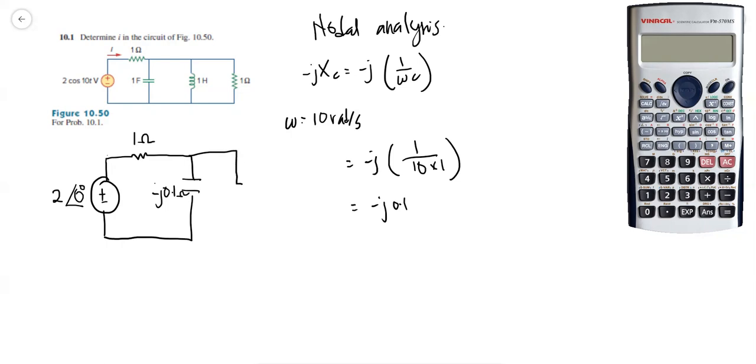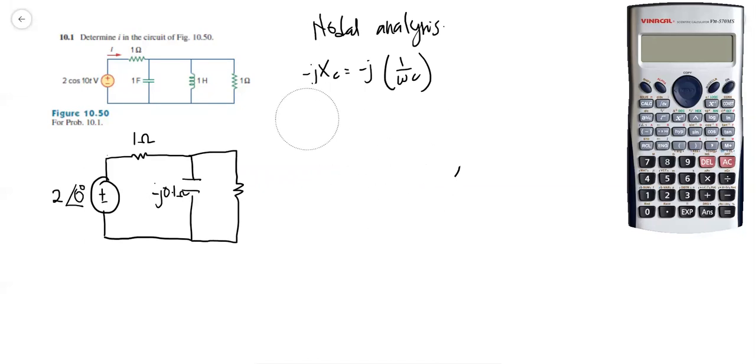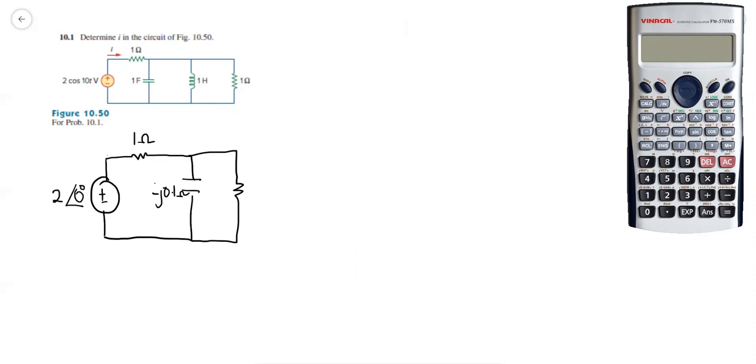And the inductor, you also need to convert into its reactance value. So this one is positive jXL, which is positive j omega L. So 10 multiplied with 1, so this one is j 10 ohm.